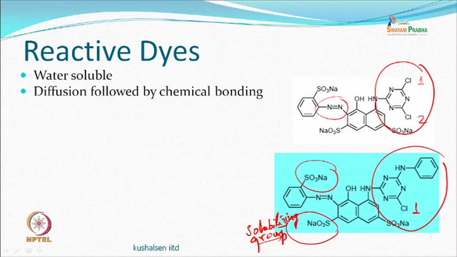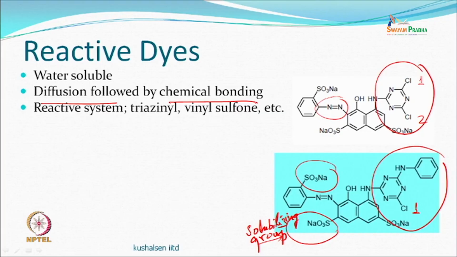So initially, whether in dyeing or printing, we would like first the diffusion to take place inside the fiber, and then chemical bonding, which obviously we believe is a covalent bonding that will take place. So this is true, that we must make sure that this happens.